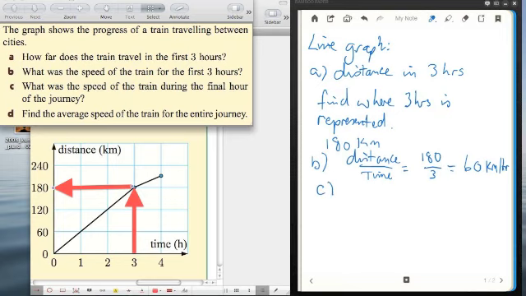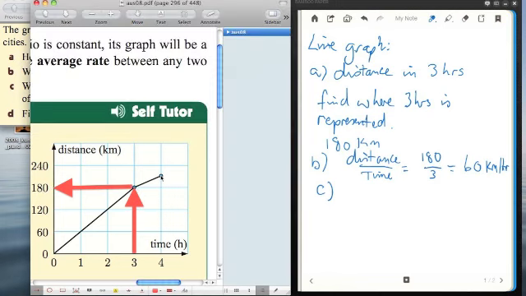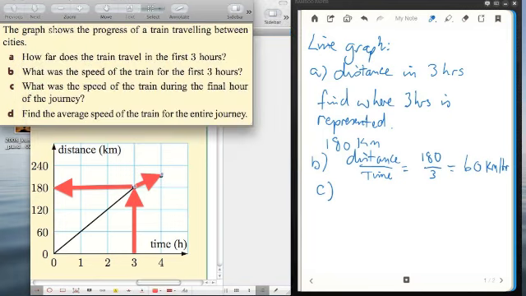Now, if we look at C, what was the speed of the train during the final hour? The final hour is from this point here to this point here. That is your final hour. So it's travelled 1 hour, and we need to work out the speed.